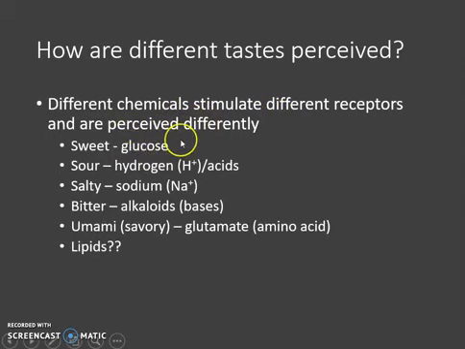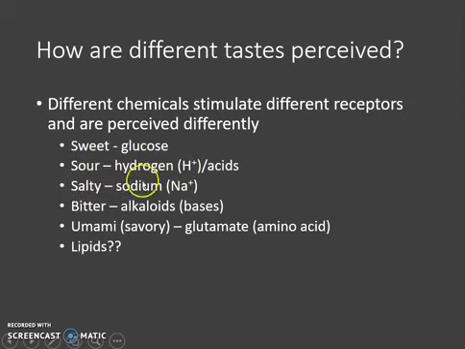So glucose, which is a sugar or a carbohydrate, when it binds to gustatory receptors, we perceive the taste of something being sweet. When hydrogen ions, which is basically what makes something acidic, bind to receptors in the taste buds, we perceive that as a sour taste.